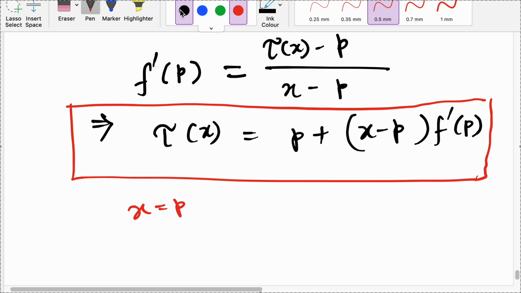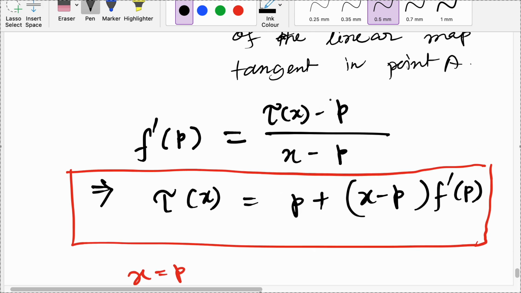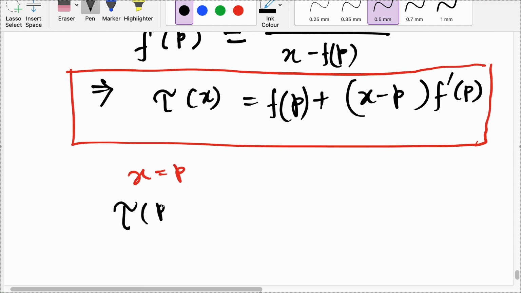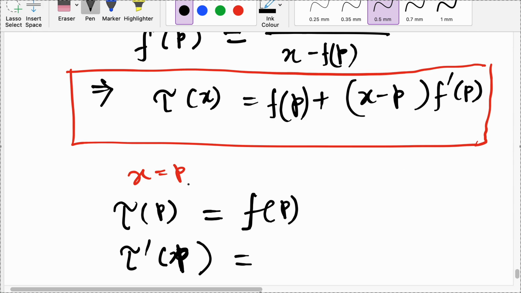Oh, sorry, this is F of P. So at X equal to P, you will see that tau P is actually F of P. That means the tangent is the same as the map, and the first derivative of this at the point P will be the same as F dash P. So from these two you can say that at point P this tangent is the same as the function.